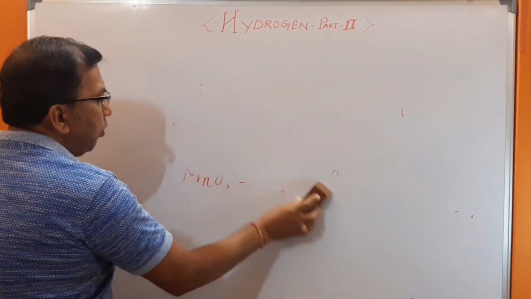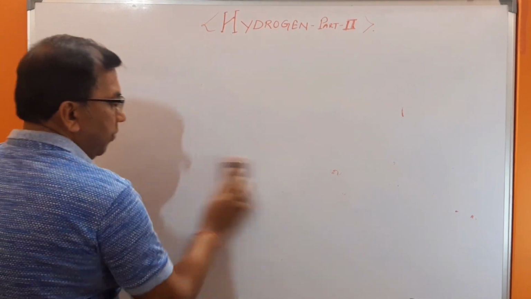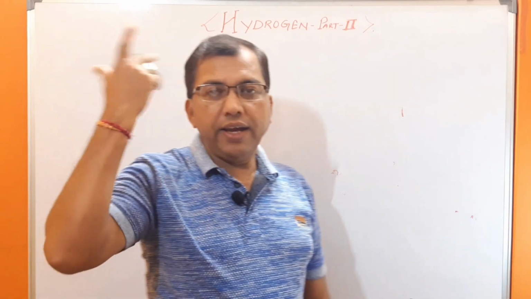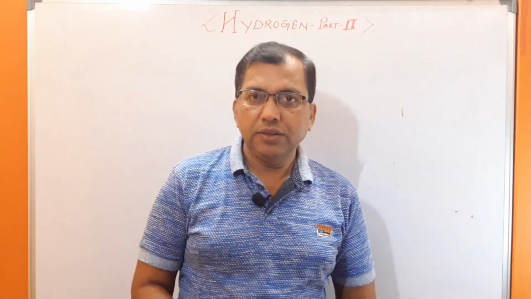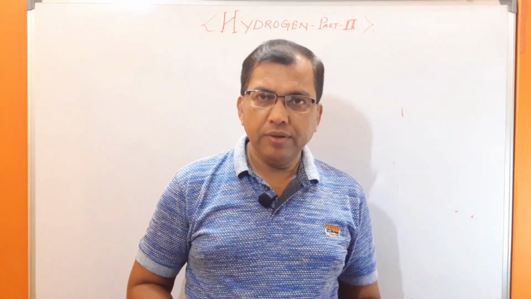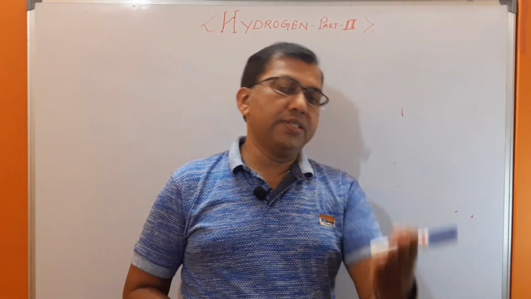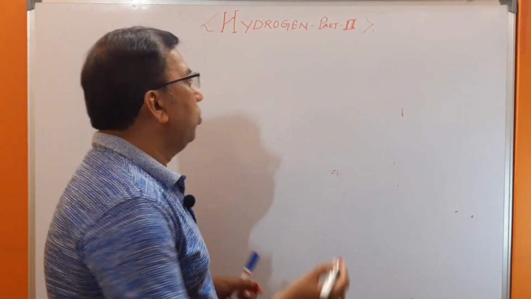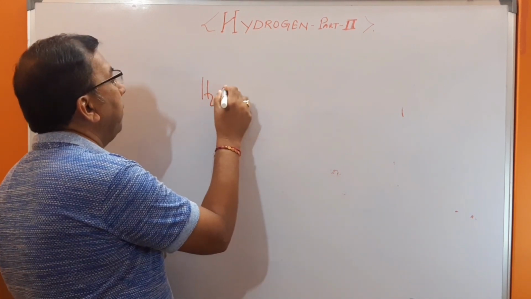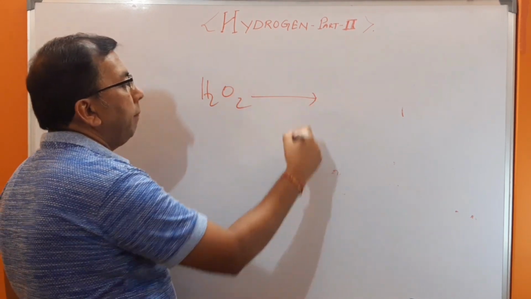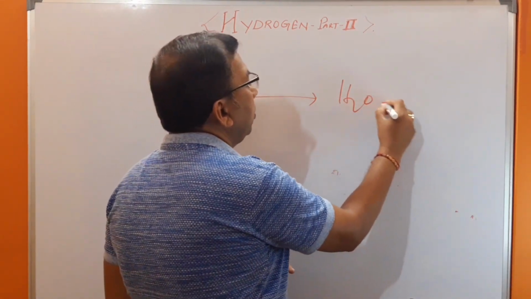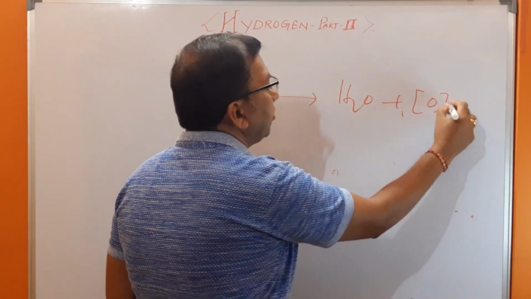Next, the next property is bleaching property. Dye, hair color. What is the main reason for bleaching? H2O2 forms H2O plus nascent oxygen.